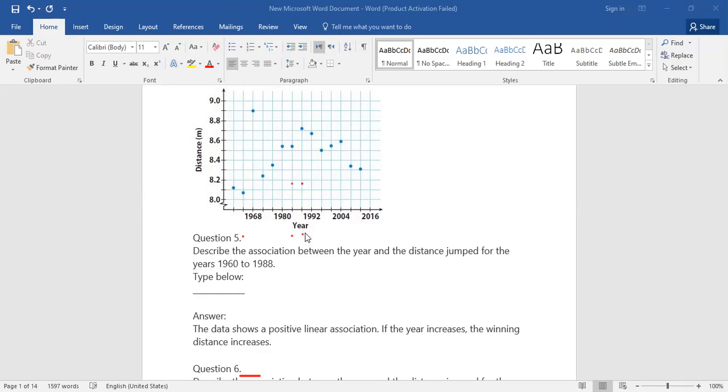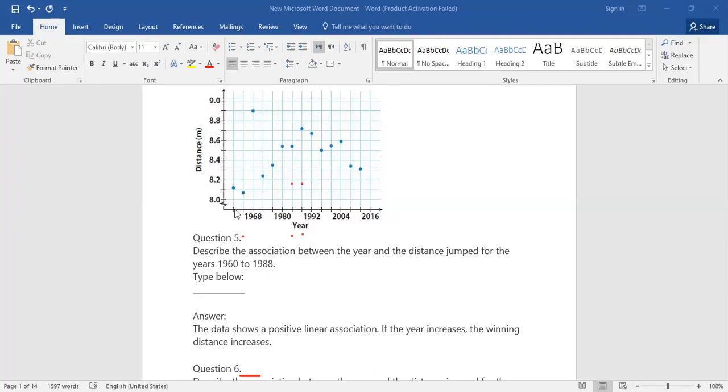Sorry, we have data that rises and data that falls, right? We can't trace it with one line at one time. Because in this one, between 1960 and 1988, did you see?